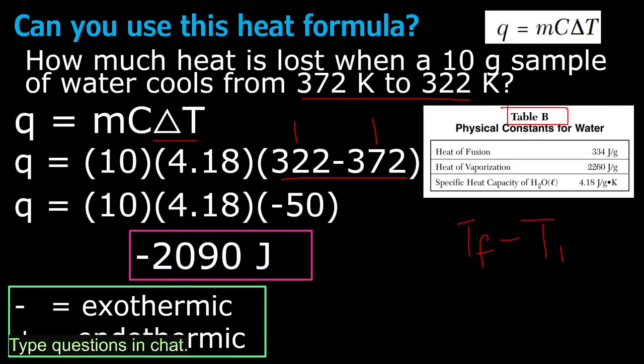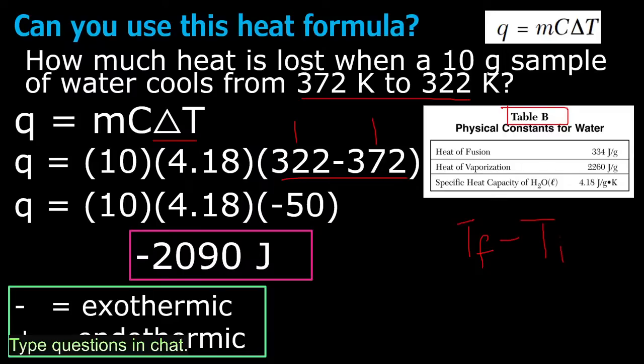How else could I identify it as exo versus endo? So if I had reactants and products, whatever they are, and if I had heat on the product side, that is exothermic.